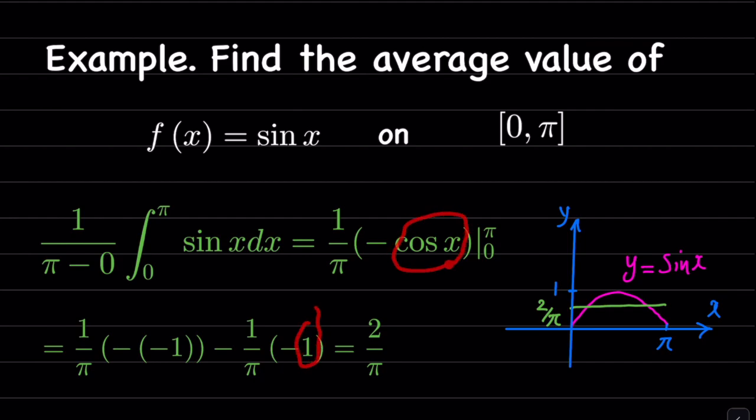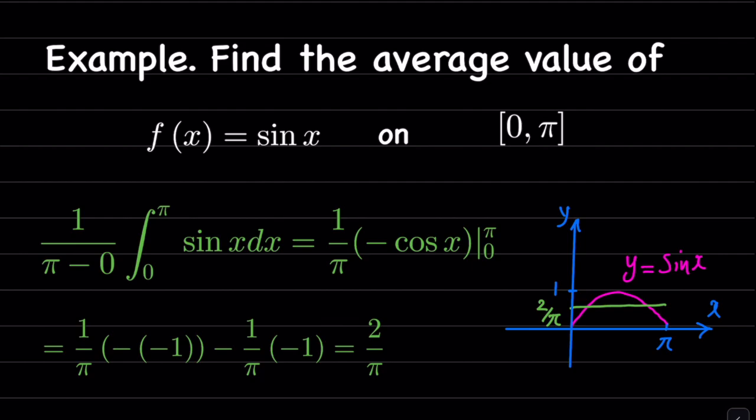So we have replaced cosine of 0 by 1. And if you simplify this, you're going to get 2 over pi. So the average value of the function sine over the interval 0 to pi is indeed equal to 2 over pi. So let's try to understand what this 2 over pi means.